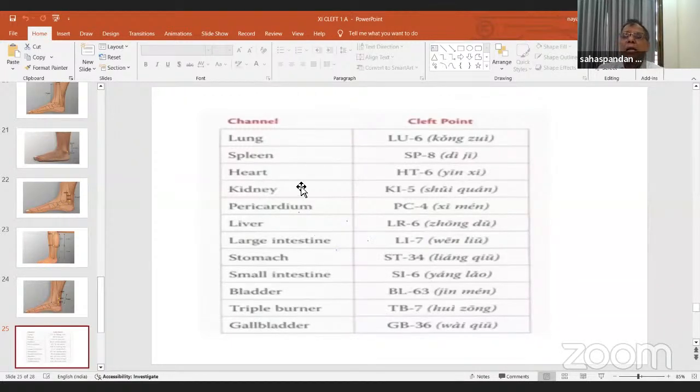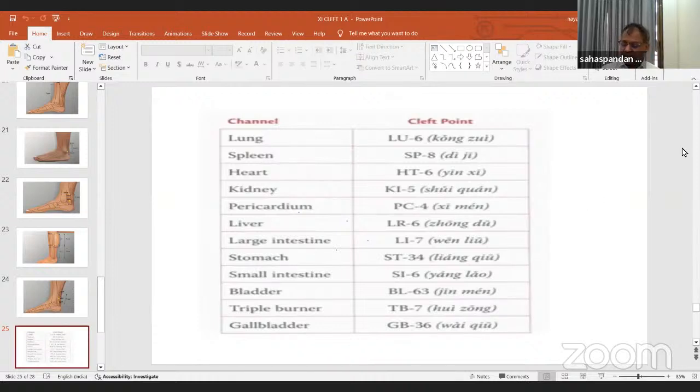Lung, LU6, spleen SP8, heart 6, kidney 5, pericardium 4, liver 6, large intestine 7, stomach 34, small intestine 6, bladder 63, triple burner 7, gallbladder 36.